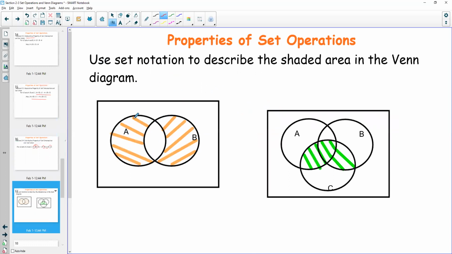So when I look at this picture, I'm going to figure out one section at a time. I want to get A without what it shares with B, don't I? So that's subtraction. That's set difference.